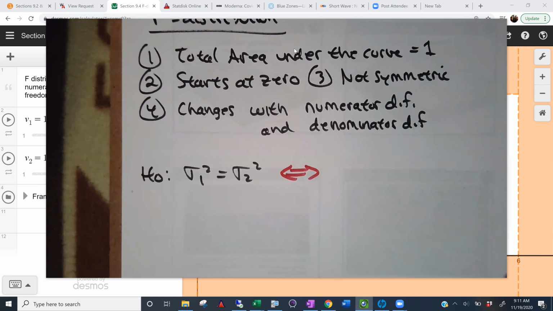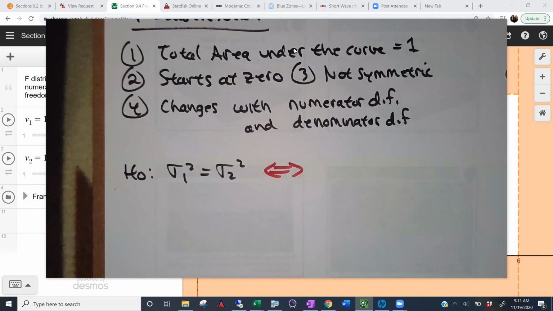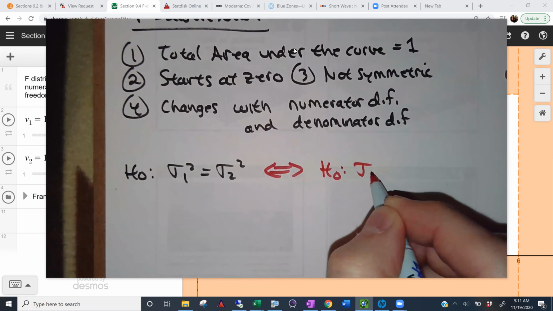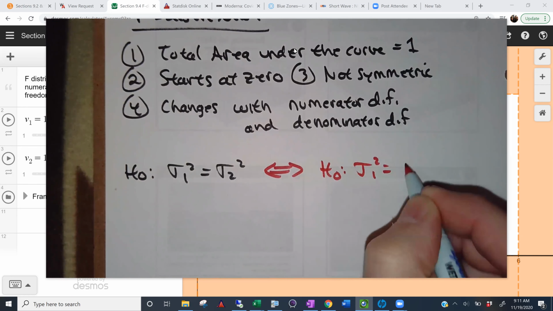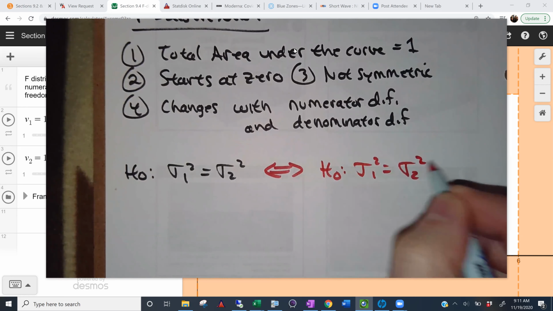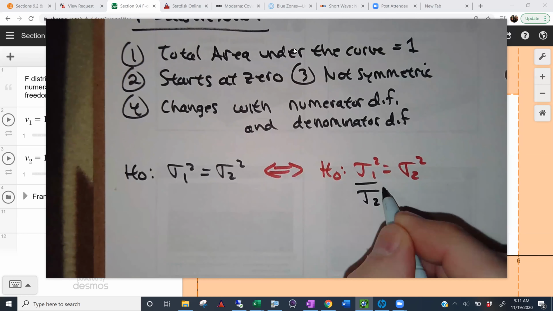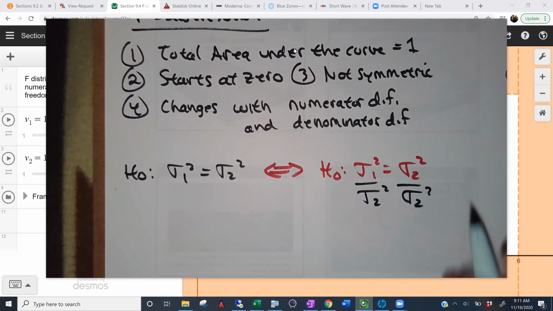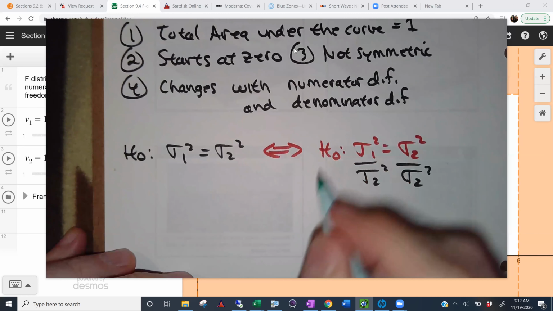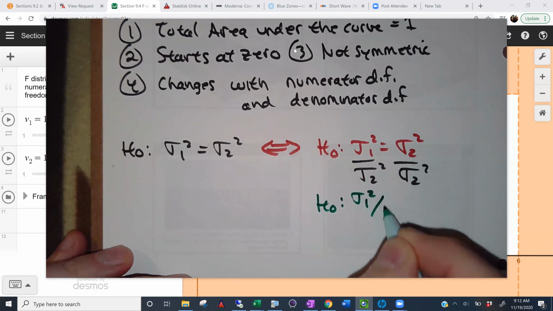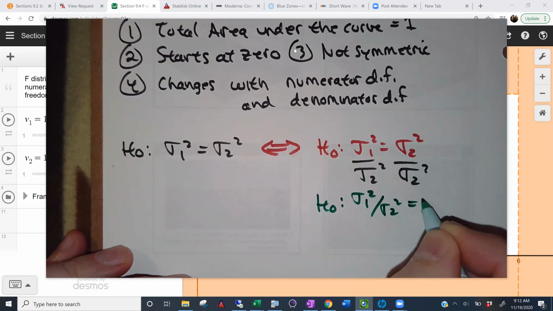If I take H naught and divide both sides by sigma 2 squared, then I'll get H naught such that sigma 1 squared divided by sigma 2 squared equals 1.